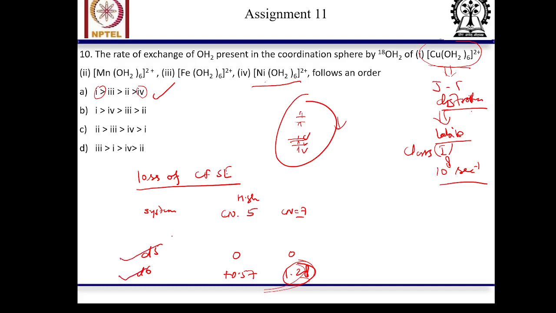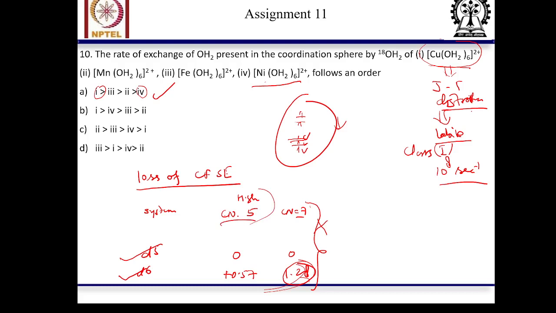You have to take the account of the ligand field theory and consider that from octahedral, if we go to the square pyramidal, or from octahedral, if we go to coordination number 7, it will not go in water exchange reaction directly. Basically, it will go through coordination number 5. We have to see whether there is loss of CFSE.